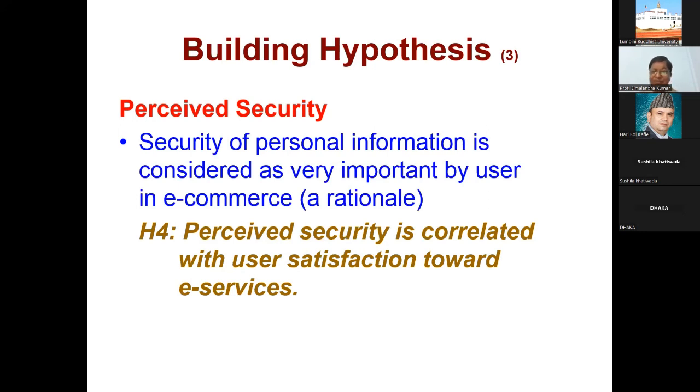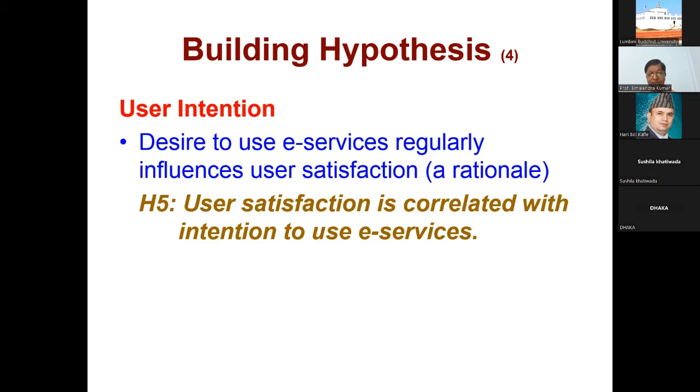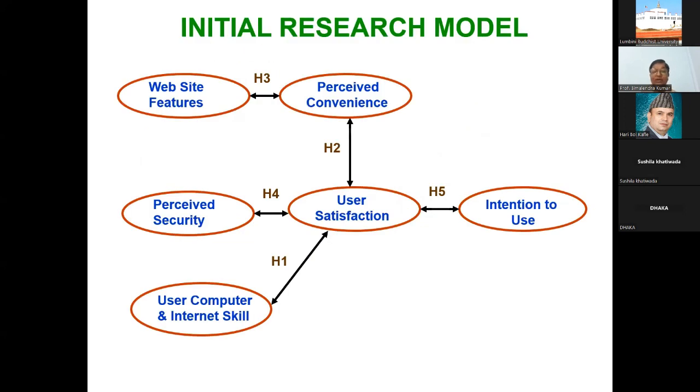Now, perceived security. Security of personal information is considered very important by users in e-commerce. Perceived security is correlated with user satisfaction towards e-services. Again, the desire to use e-services regularly influences user satisfaction. So user satisfaction is correlated with intentions to use e-services. So how is this initial research being made?